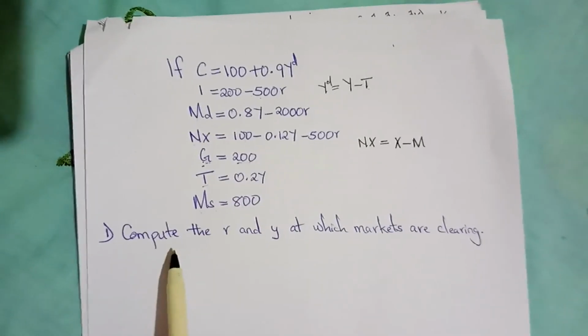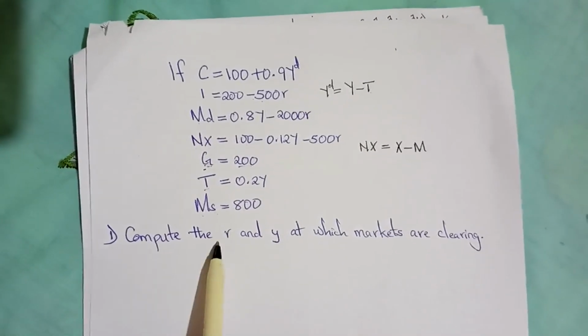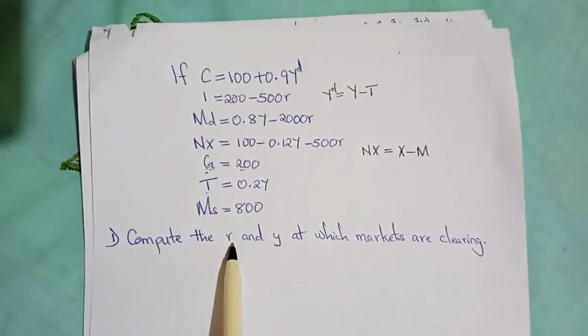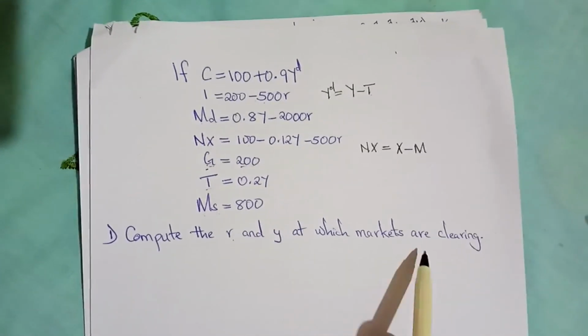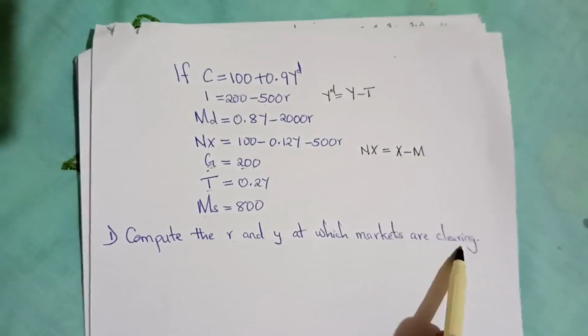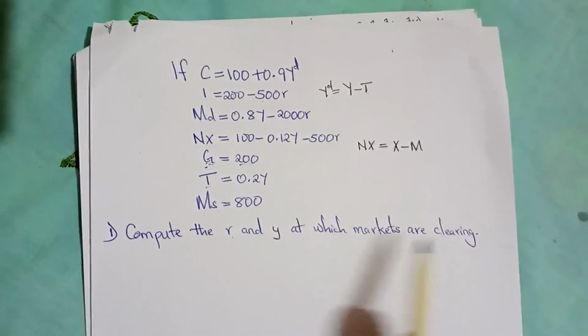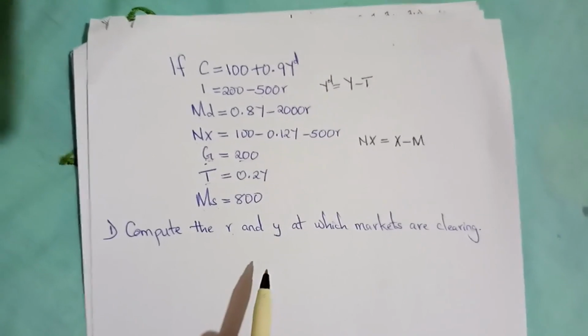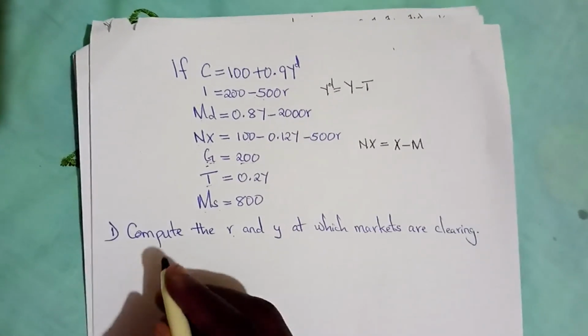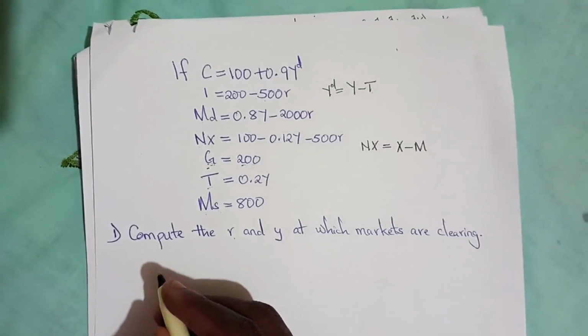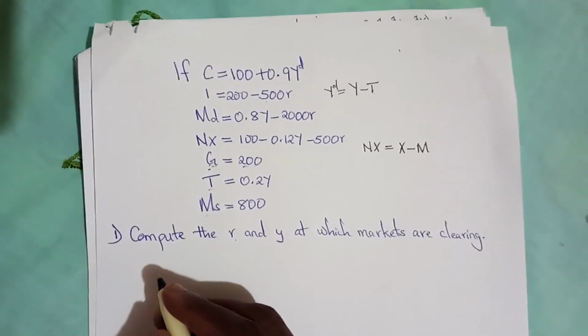So I want us to compute the interest rate and income at which markets are clearing. When markets are clearing, it means that the market is at equilibrium. So guys, come with me. We start from the first step.